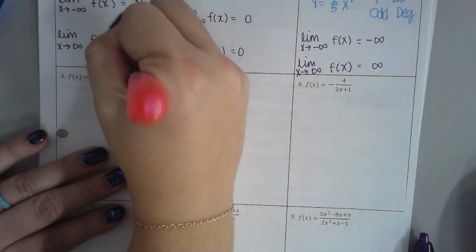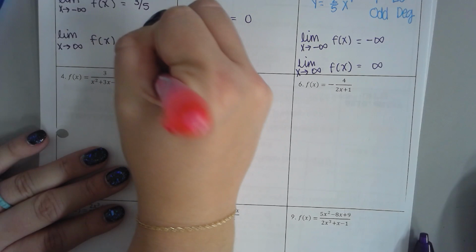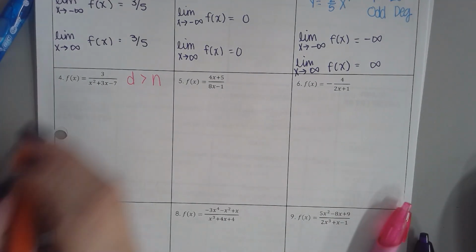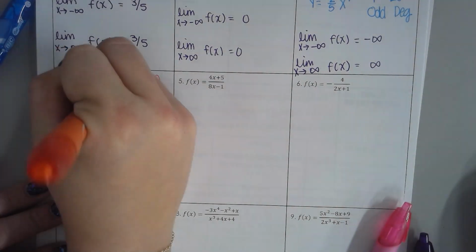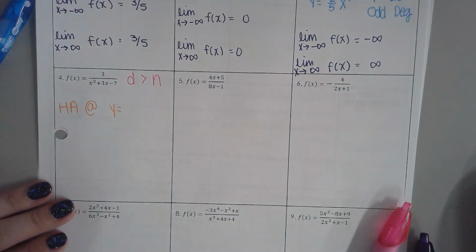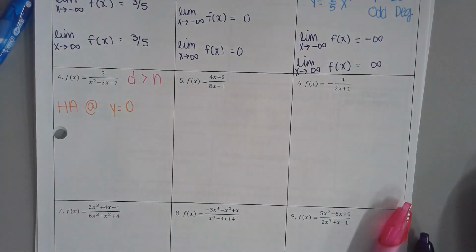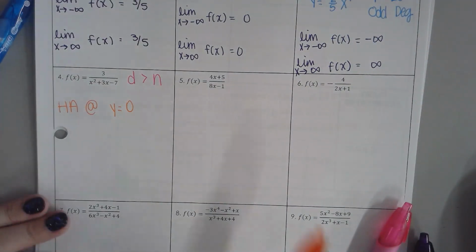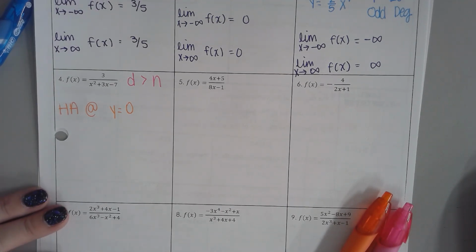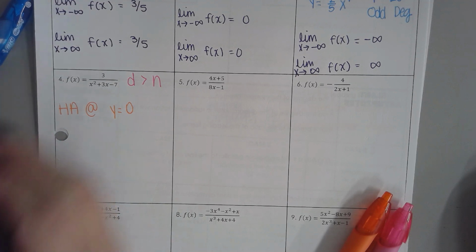So the denominator is greater, which means that there is a horizontal asymptote at y equals 0. Which means that both of your limits are equal to 0.